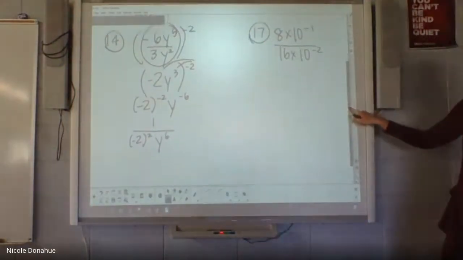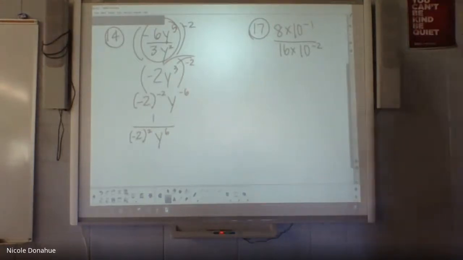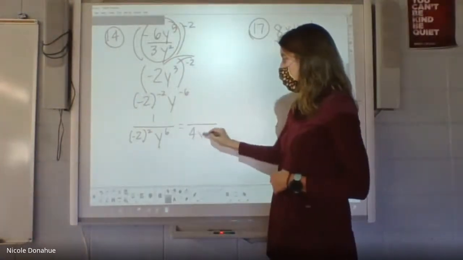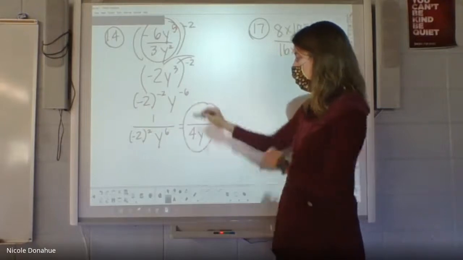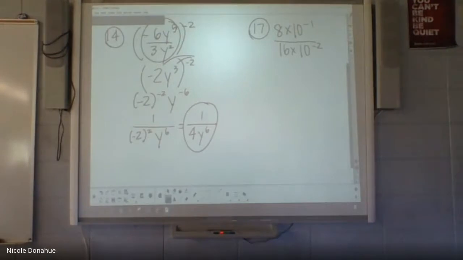So now they're both on the bottom. And I can do negative 2 to the 2nd. Negative 2 times negative 2 is a positive 4. So this is going to end up just staying on the bottom as a positive 4. Everything moves to the bottom because of that negative exponent.